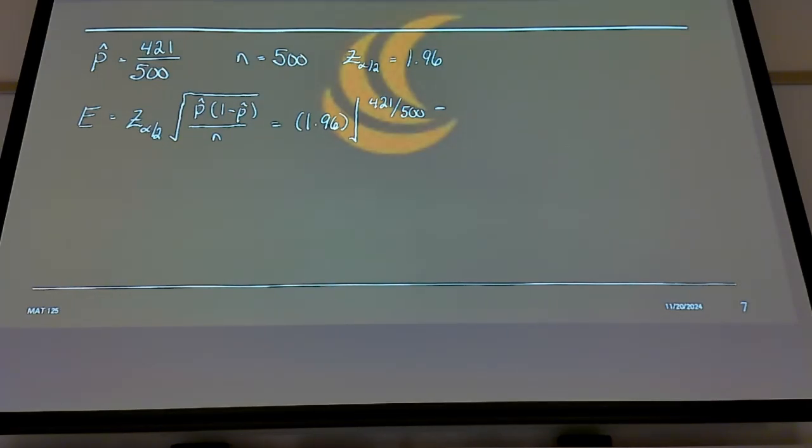You did 1 minus 421, 0.842. I want it as a fraction. I don't want to round until the very end. It reduces error. So 1 minus p hat is 79 over 500. I don't know why I wrote minus there, that should be times. That's better.